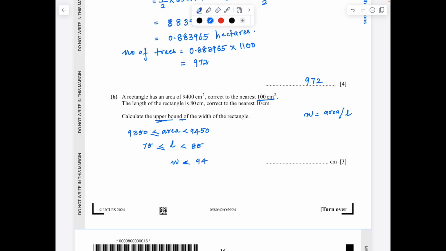It is 9450, upper bound of the area, by lower bound of the length. So 9450 divided by 75 gives me 126.